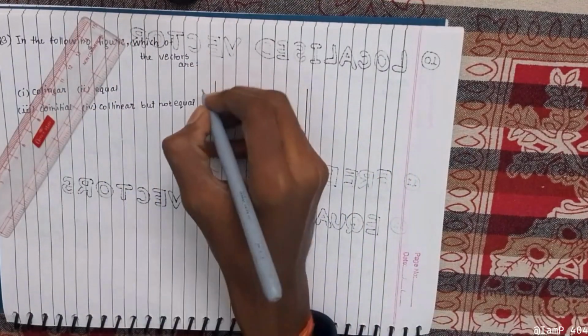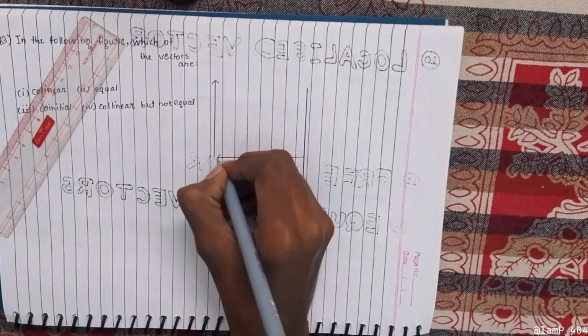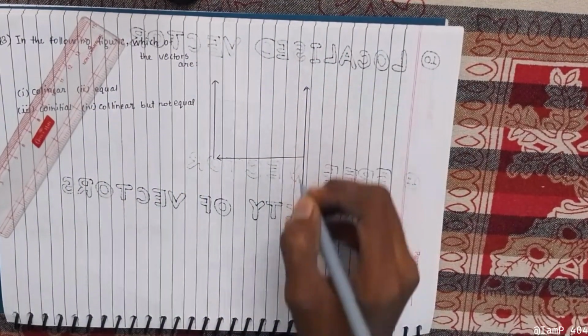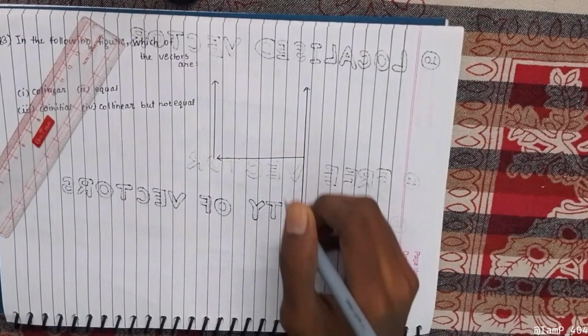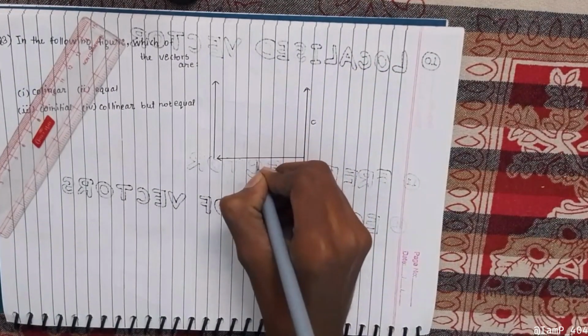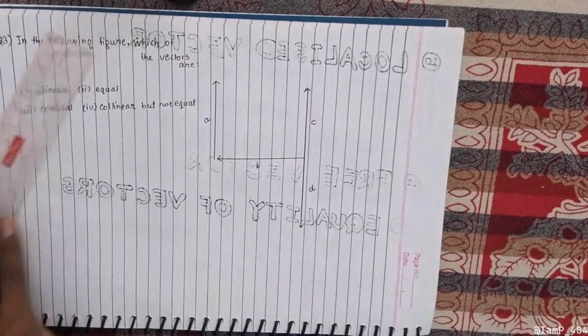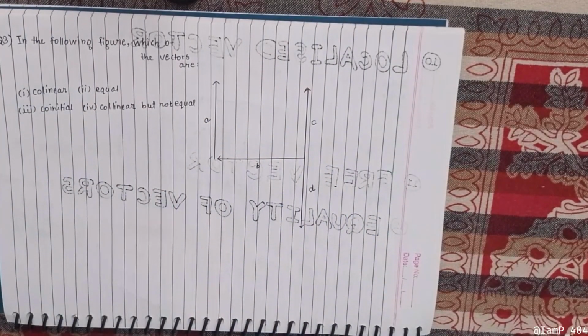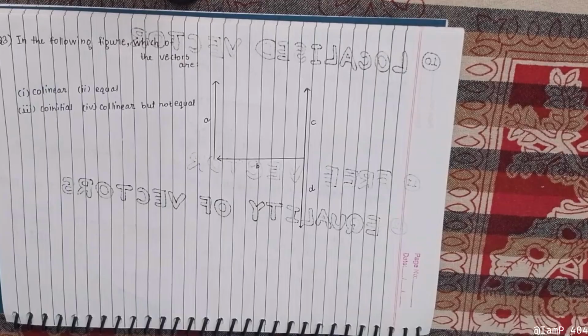There you go. It is C, it is D, it is the B vector, and this is the A vector. So let's first see collinear vectors. Collinear vectors, you understand, must have the same support or parallel support. Let's see which have the same support or parallel support.